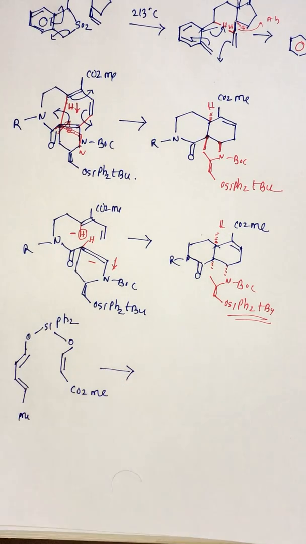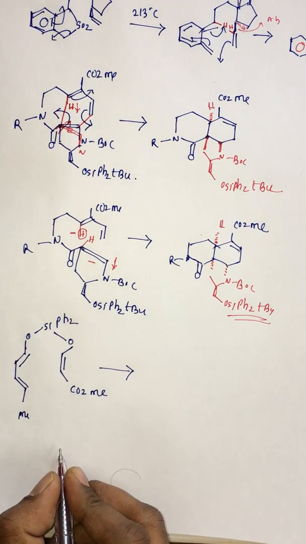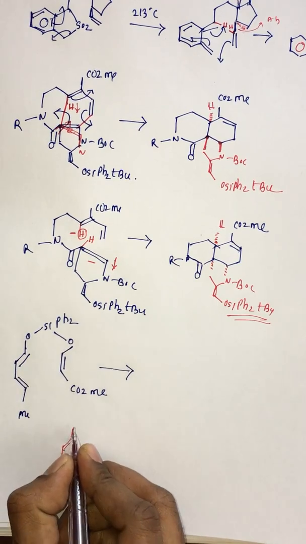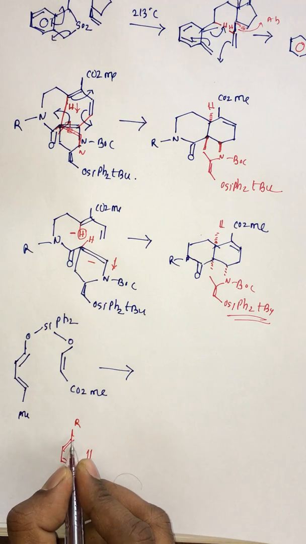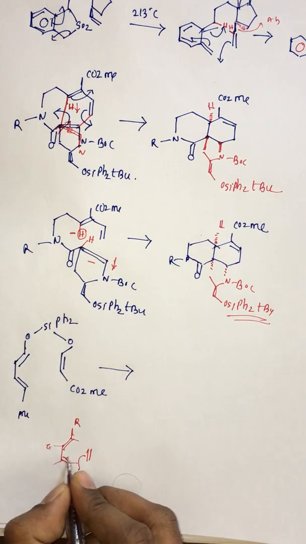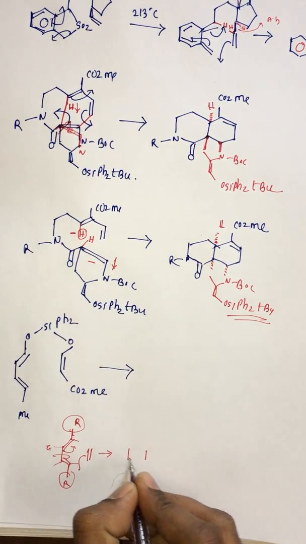So here we have one condition, like in the Diels-Alder reaction. If you see the regioselectivity in the Diels-Alder reaction, when we have a trans compound like this, so this is E and this is also E, right? So in this case, these substituents will come cis to each other.